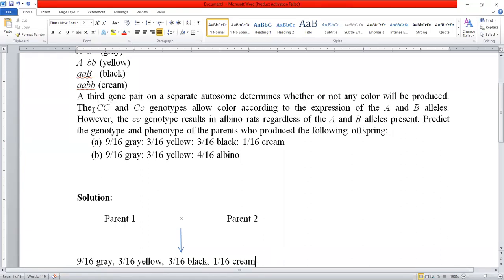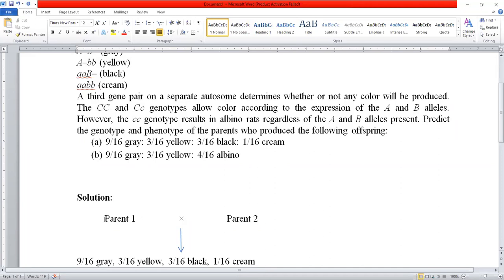If it were in heterozygous condition, there must be an albino rat in the next generation. So now it is clear that the third gene is in homozygous dominant form, capital C, capital C.